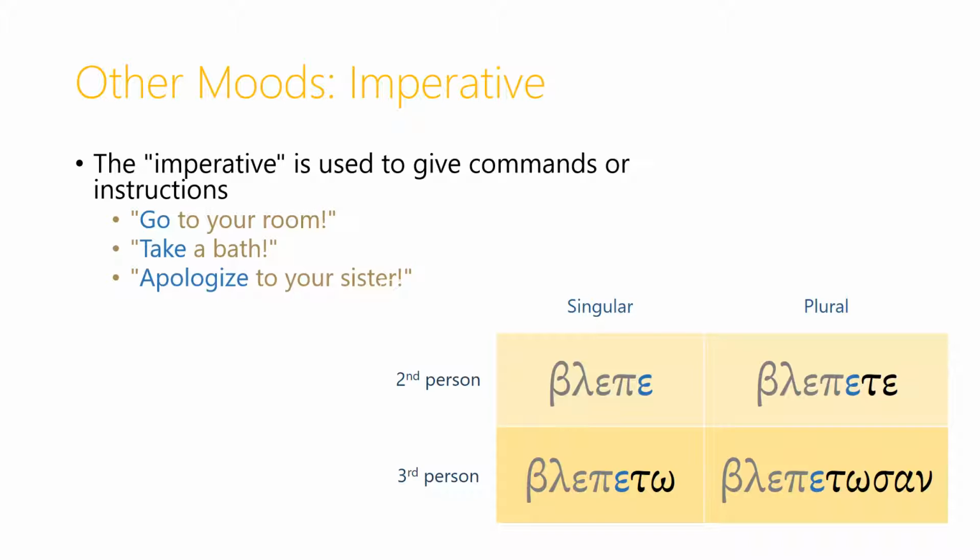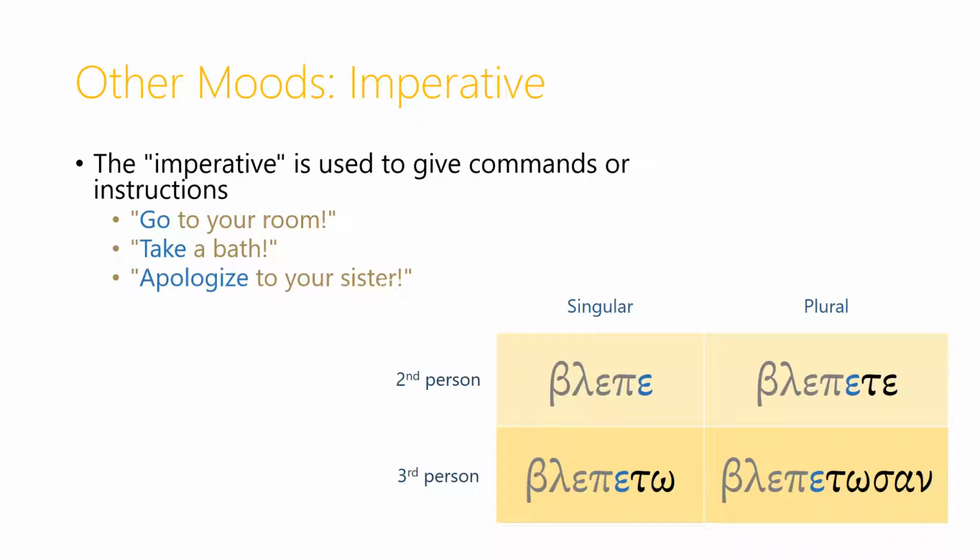Again, imperative verbs are made in Greek by adding slightly different endings. The second person singular, you, form of an imperative is made just by putting an epsilon in place of the other verb endings. So instead of blepo or blepeis, I say blepe, and that means you, see, look.